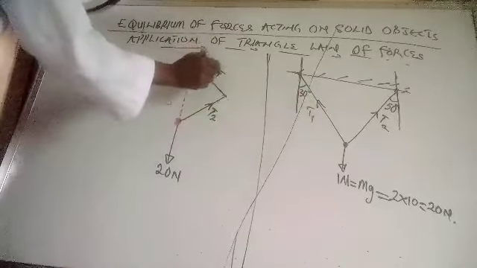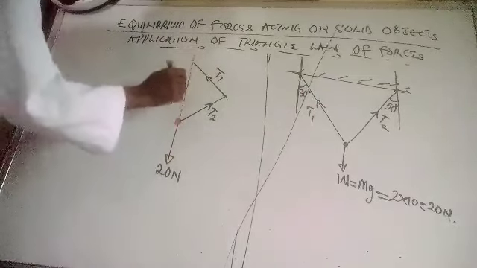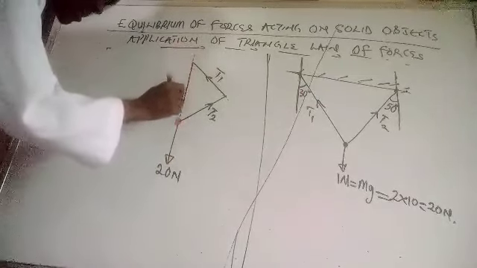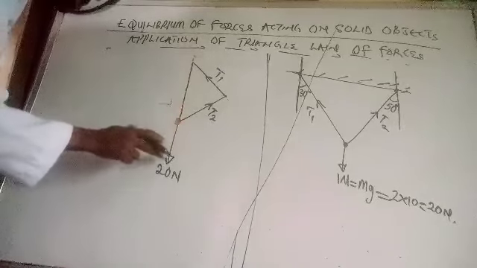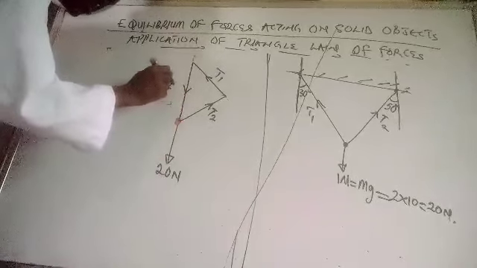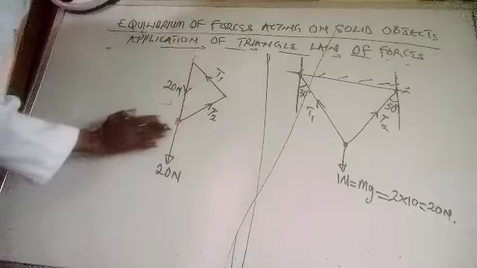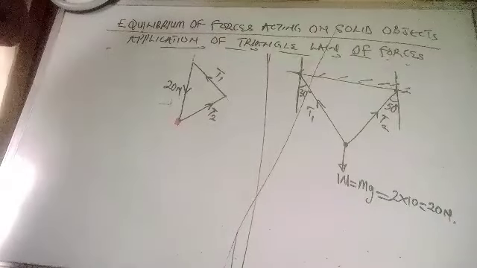So this will now be my T1. This 20 Newton here can now be put here, because this is vertical already. Since the arrow is pointing down, this arrow will be pointing down. This will now be my 20 Newton. That means I don't need this one again. So I form a triangle.